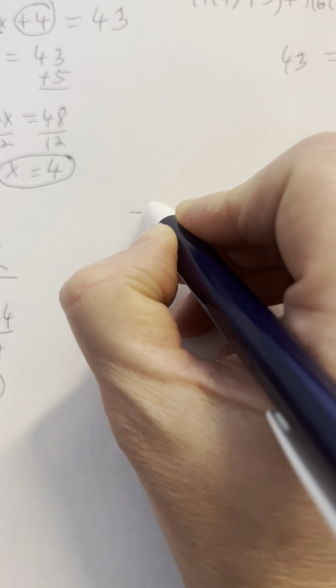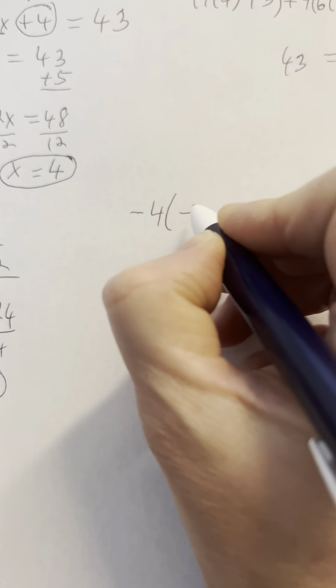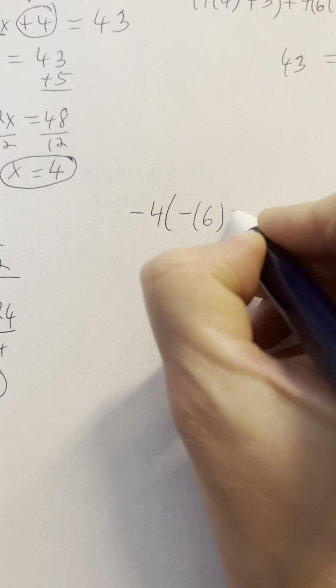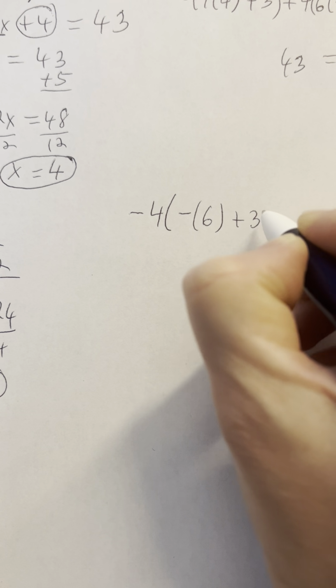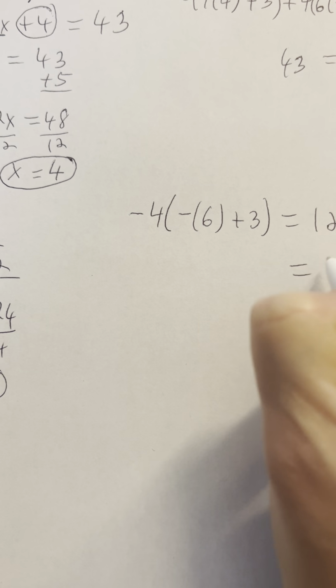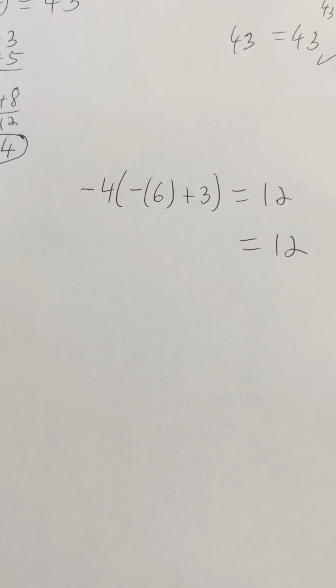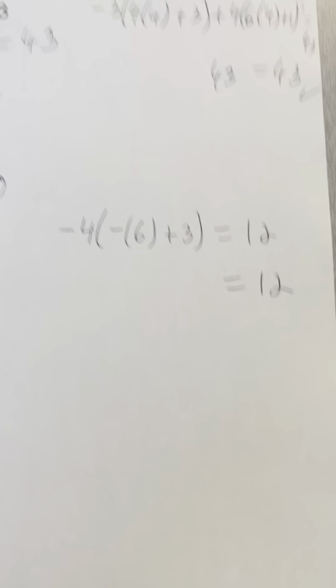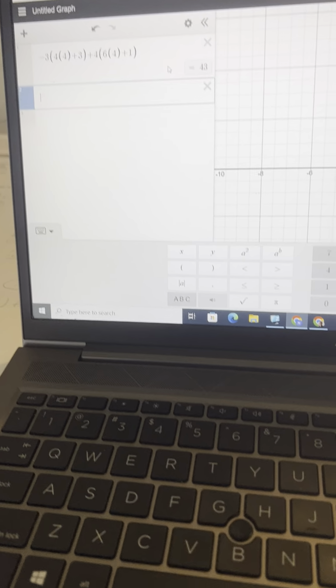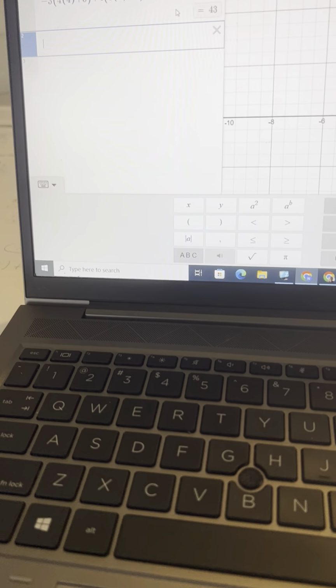So we're going to get negative 4 times... What we are trying to accomplish is to know if that equals 12. Okay, let's type that in decimals. Oopsie.